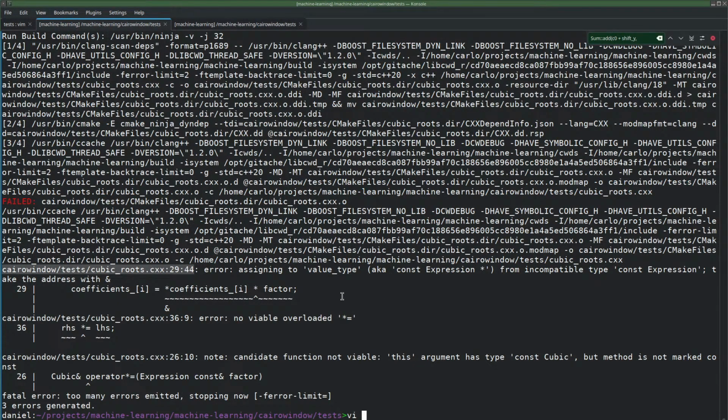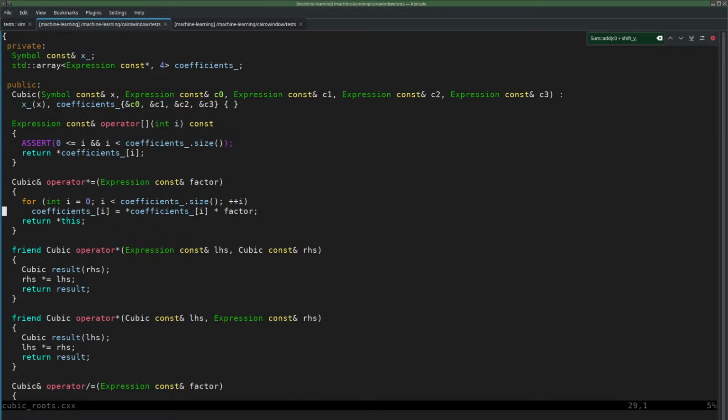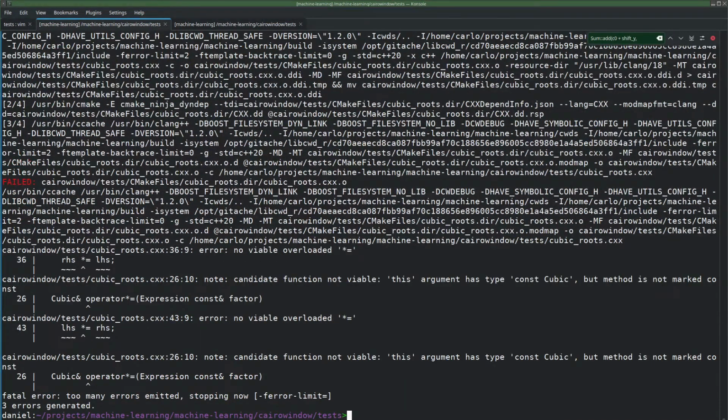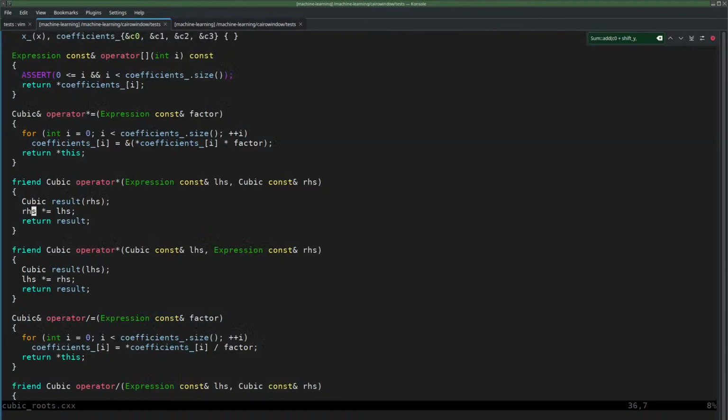Assigning to value type a const expression pointer from incompatible type. Yeah, I have to take the pointer of that thing again. There are many other things we run into there. No viable overloaded star.